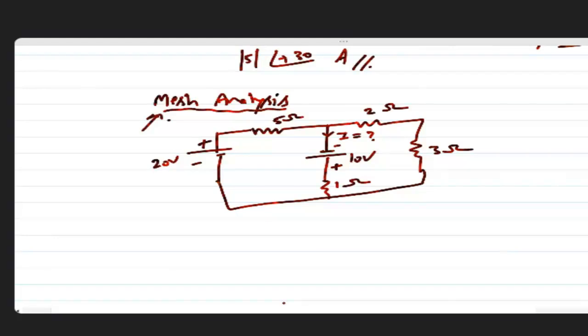Mesh means any closed path where current can move freely, and this closed path cannot be further divided into other closed paths.